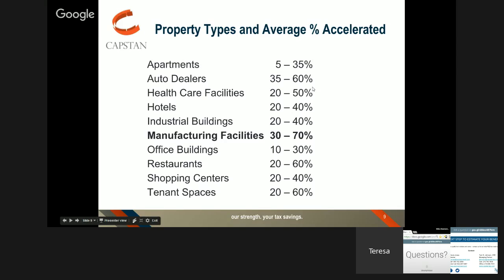So if you have a really plain vanilla box manufacturing facility, fairly minor as far as operations, you're going to be on the lower end of that. Whereas if you have some very sophisticated equipment and all your support structure, you could be upwards of the 70%. So as I say, it really depends on how you're fitting out that space.